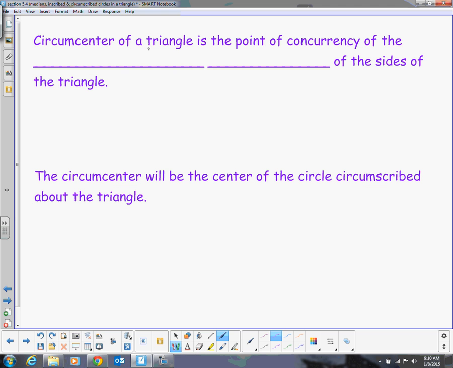Now the circumcenter of a triangle is the point of concurrency of the perpendicular bisectors of the sides of the triangle.